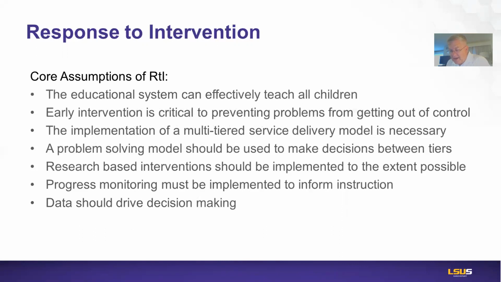So if a student had an IQ of 80 and they were performing at 80, they didn't qualify for special ed. But if they had an IQ of 100 and they were performing at an 80, then there was a discrepancy, a gap. And the size of that gap indicated whether they would qualify for special education.